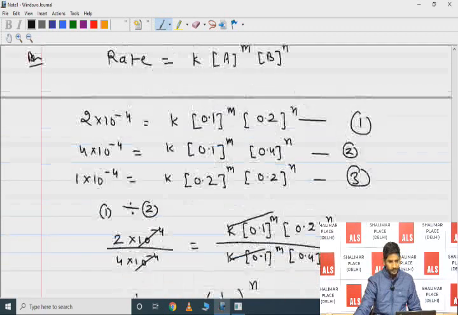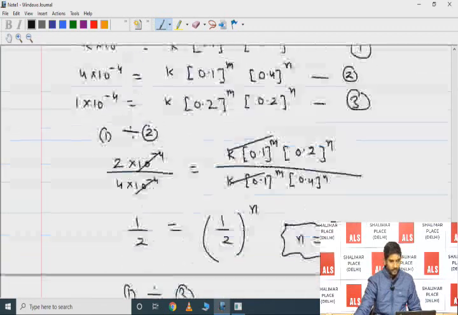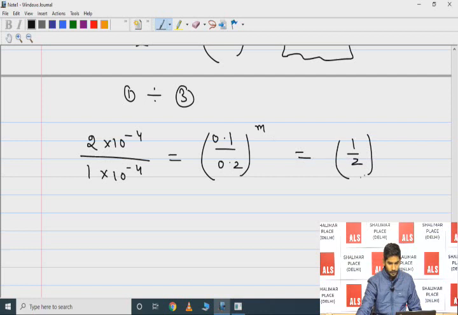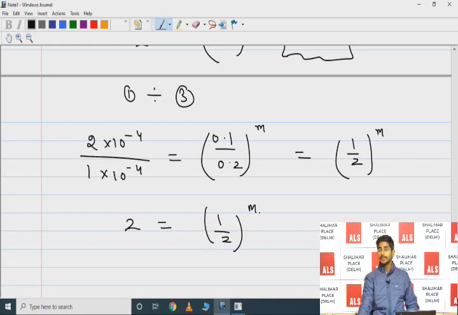Here the n will get cancelled out, k will get cancelled out, and I'll have 0.1 upon 0.2 power m, which is written as 1 by 2 power m, and this one is 2 is equals to 1 by 2 to the power m. Now again the question is, what should be the value of m so that LHS becomes equals to RHS? Now if you put m is equals to minus 1, what will happen?